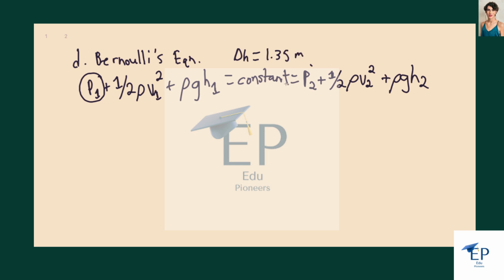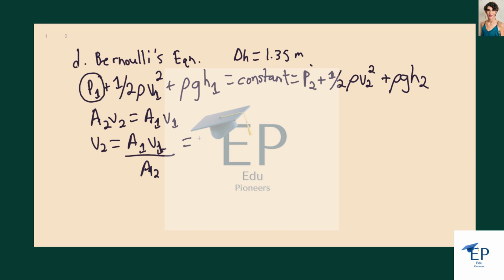Now here, what we're missing, however, is this V sub 2. So we're going to use the equation of continuity once again. And we can say that V sub 2 is simply equal to A sub 1 V sub 1 divided by A sub 2. Now we can use centimeters squared because we're simply dividing, and that means the units are not really going to matter too much.